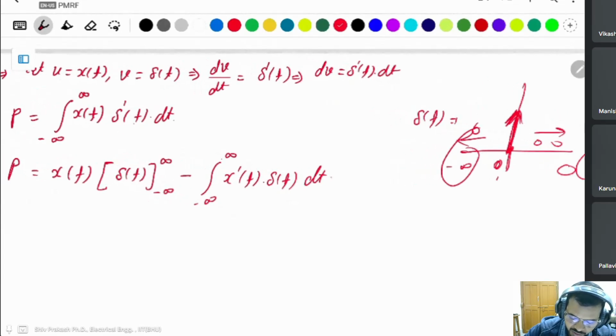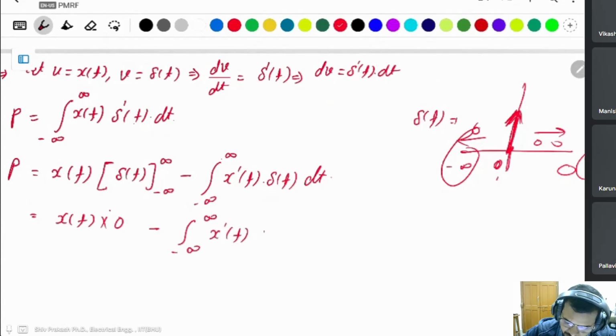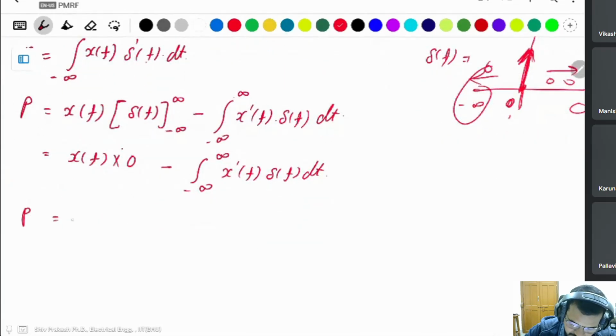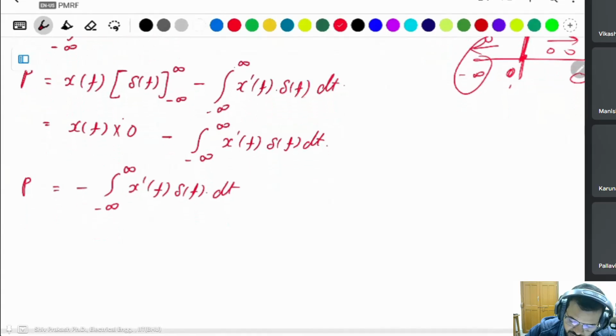That's why at the two corners, infinity and minus infinity, delta t is 0 in both conditions, so this whole term is 0. Then this is minus infinity to infinity of x dot t del t dt, which is the negative of the integration from minus infinity to infinity of x dot t del t into dt.